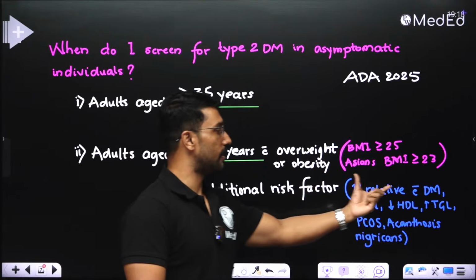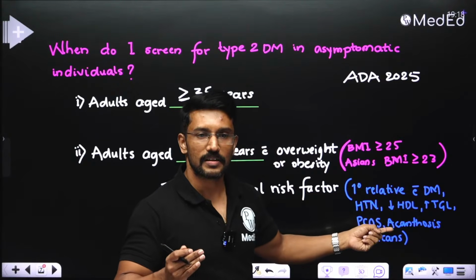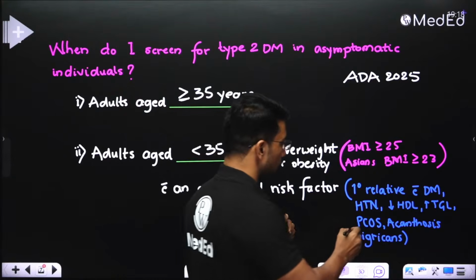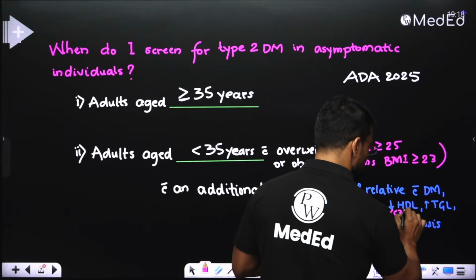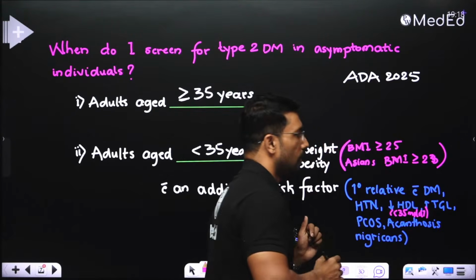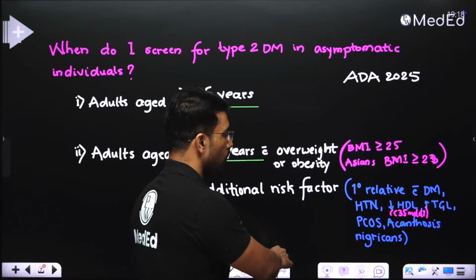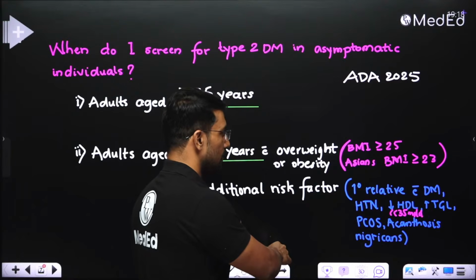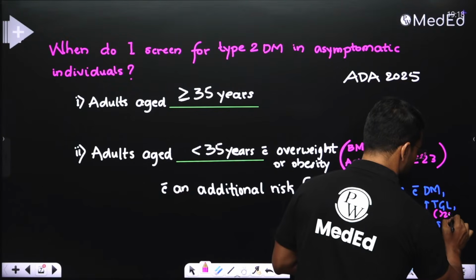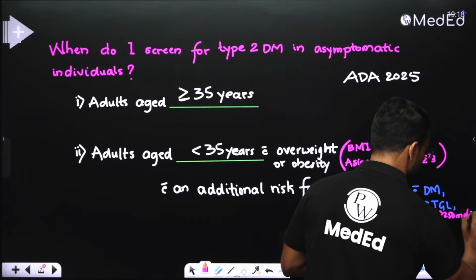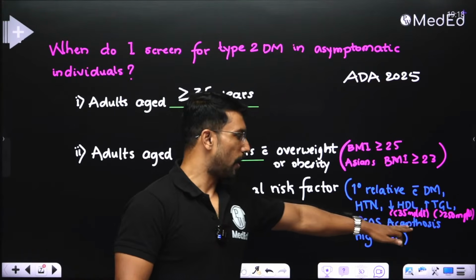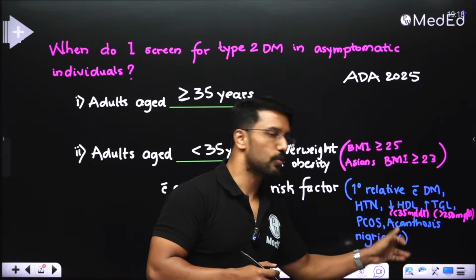If you have a first degree relative with diabetes, or coexisting hypertension, or your HDL level is low, less than 35 milligrams per deciliter, or your triglyceride levels are high, more than 250 milligrams per deciliter, or you have PCOS, or you have evidence of insulin resistance in the form of acanthosis nigricans.